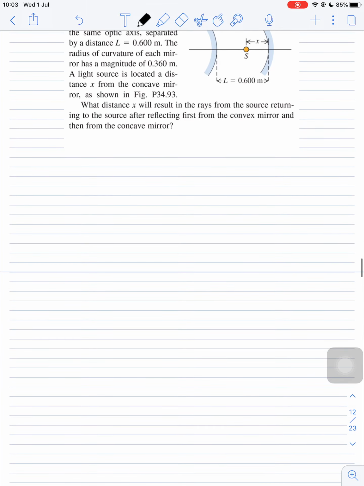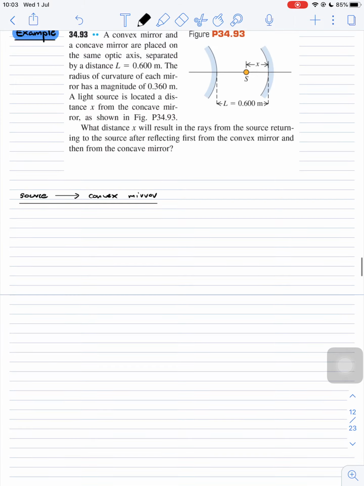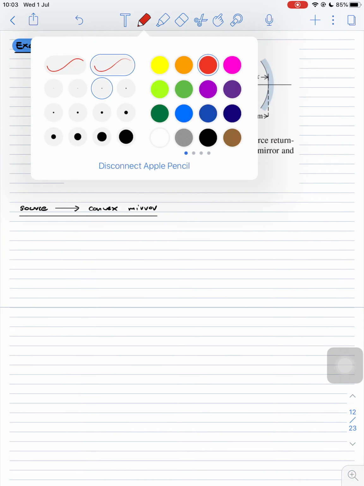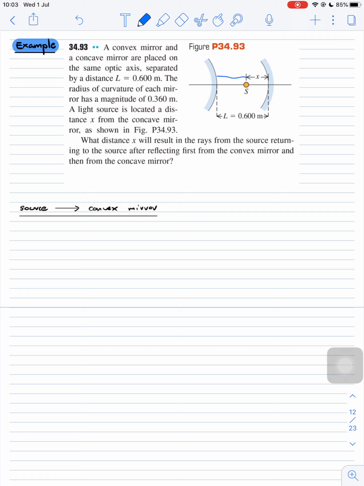Let's say we have the light coming from the source to the convex mirror. From this picture, you can see that the object distance is going to be equal to L minus x.